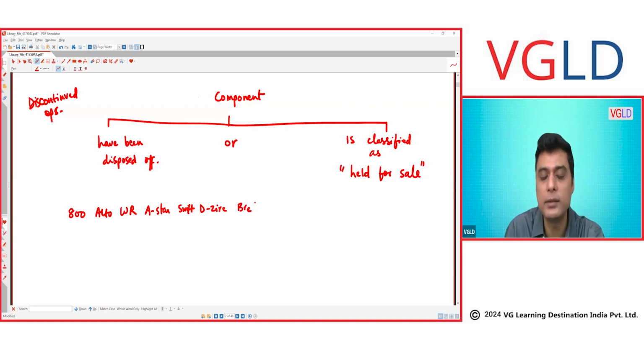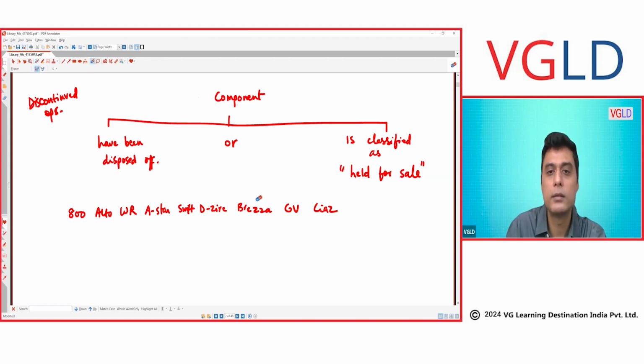Brezza is Nexa, but I'm considering all at one place. Vitara, Grand Vitara, Ciaz, Ertiga, Baleno.